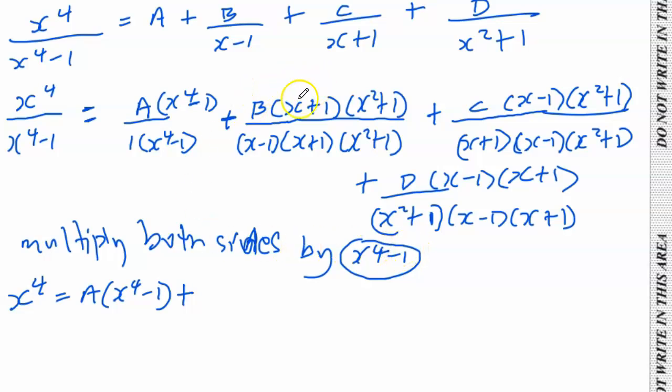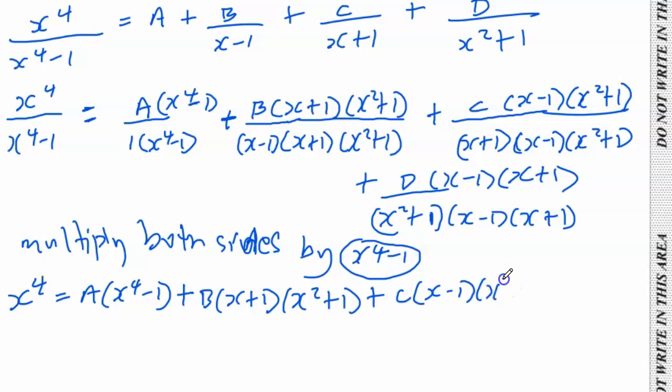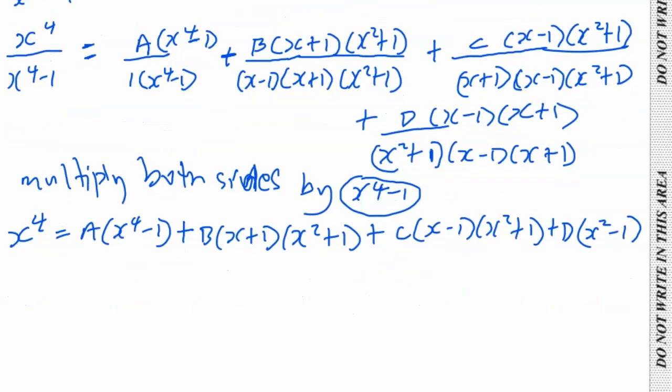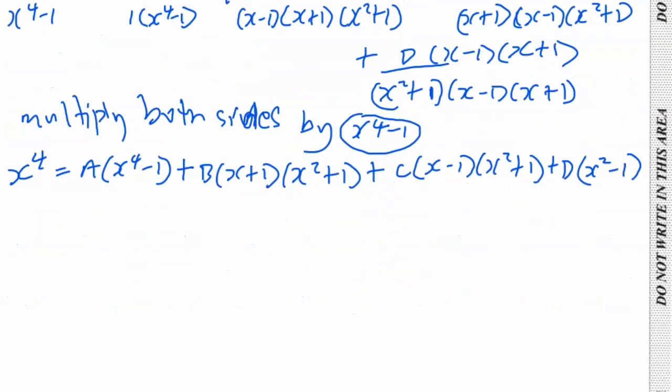So I will be left with b into x plus 1, x squared plus 1, plus c into x minus 1, x squared plus 1, plus d into, and notice what this is, this is really x squared minus 1, so d into x squared minus 1.